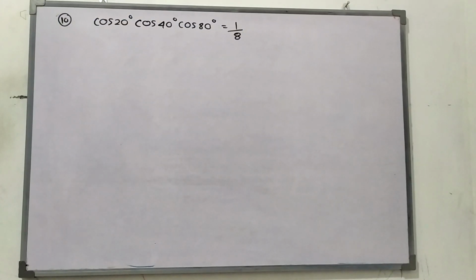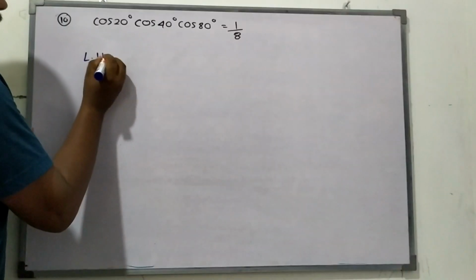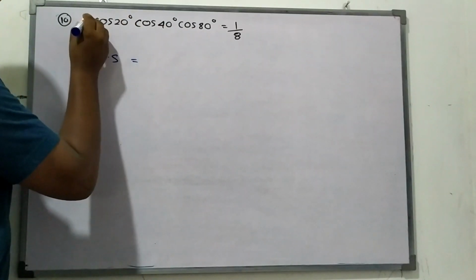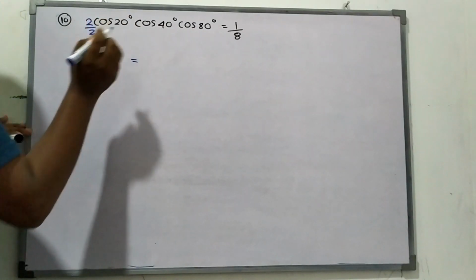Okay children, this is my next example. Cos 20, cos 40, cos 80 equal 1 over 8. So how can we simplify it, right? So actually we have to start from left hand side now, otherwise no option on the right hand side. So I am just starting left hand side. This is cos the product, right? So I am just putting 2 by 2.